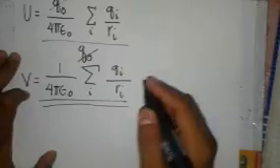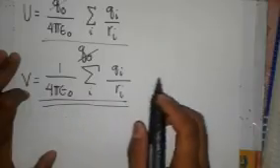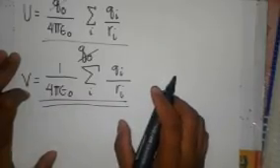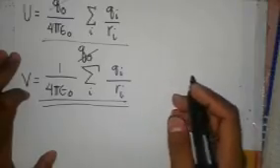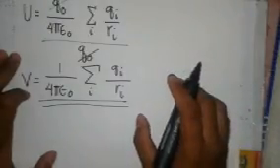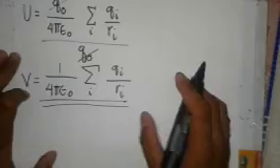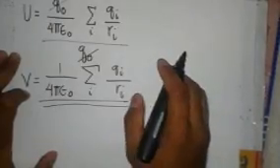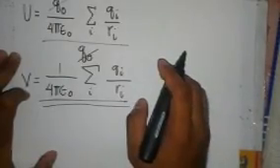Now when we have a continuous distribution along a line, over a surface or through a volume, we divide the charge into elements dq, and the sum in the equation for potential due to a collection of point charges becomes an integral.